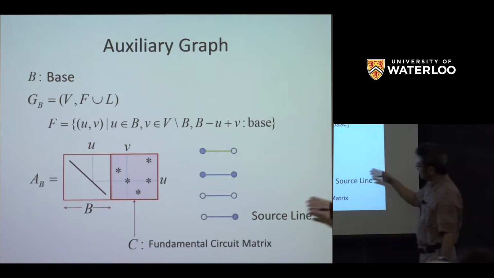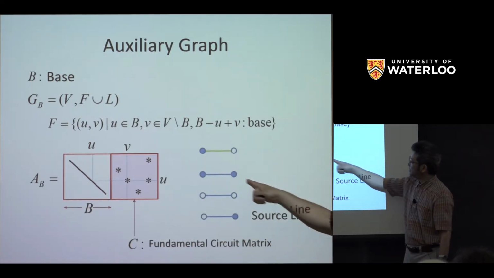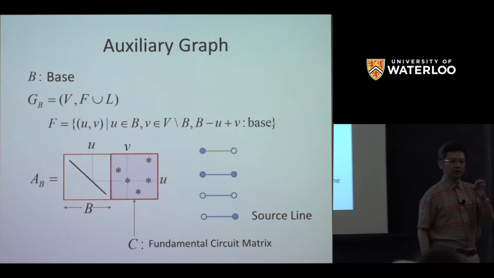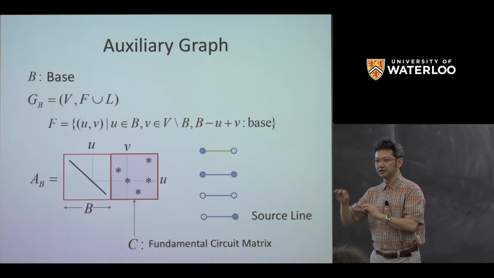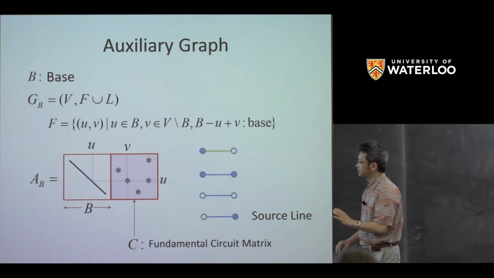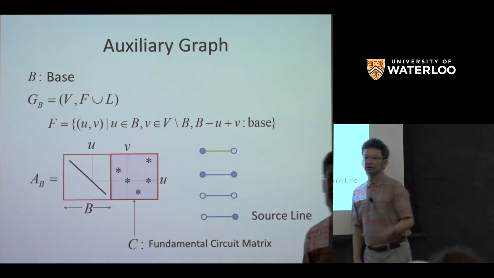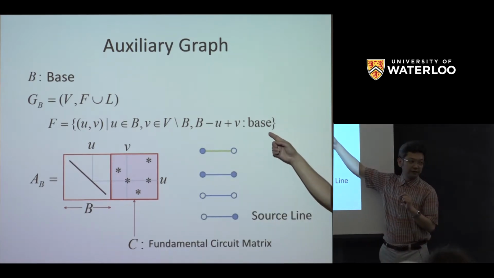Whenever we draw this kind of picture, the blue dot corresponds to a vertex in the base, and the white dot corresponds to a vertex in the complement of the base. The green edge corresponds to the exchangeability arc, defined that way.